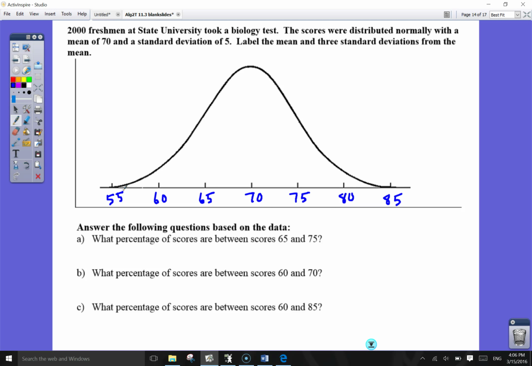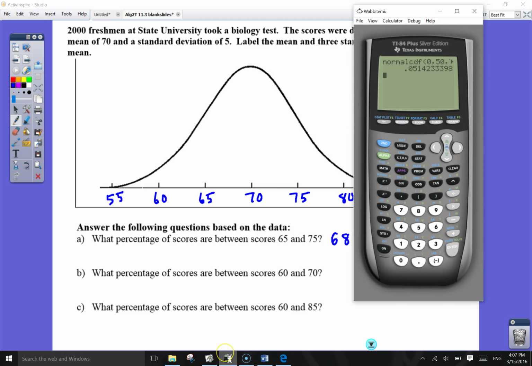Okay, well, 65 is exactly one standard deviation below the mean, and 75 is exactly one standard deviation above the mean. So we should know those percentages of the empirical rule, right? We should know that that's 68%, without using a calculator. Now, you could use a calculator if you have it in your hands.